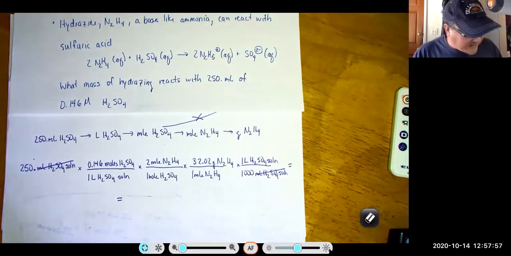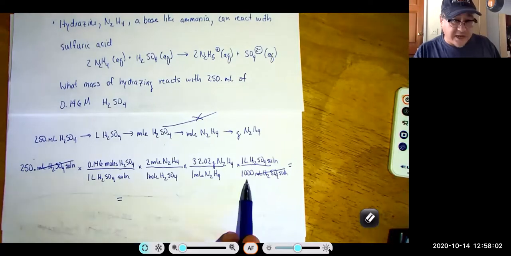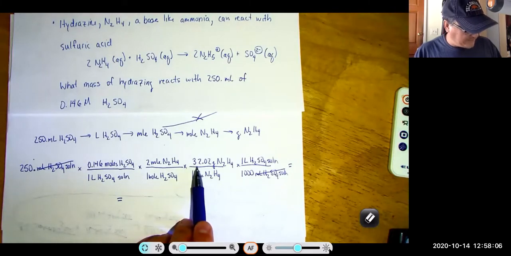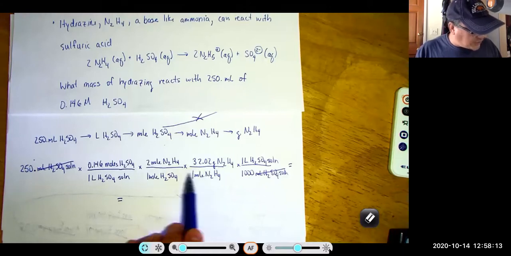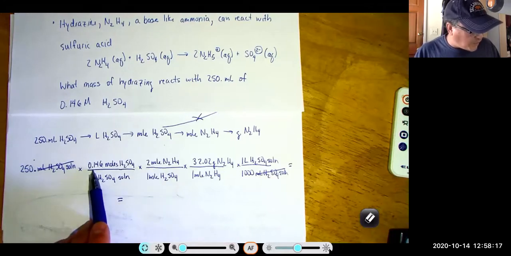So if we estimate the answer, 250 will go into 1,000 4 times. 4 will go into 32 8 times, is that right? And then 8 times 2 is 16. 16 times 0.146 is around, let's see, 2.1.